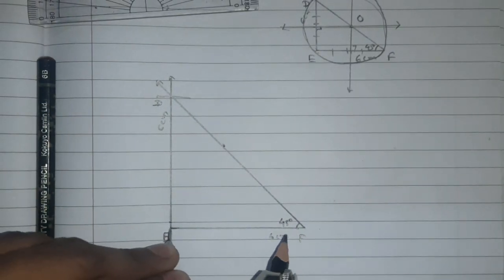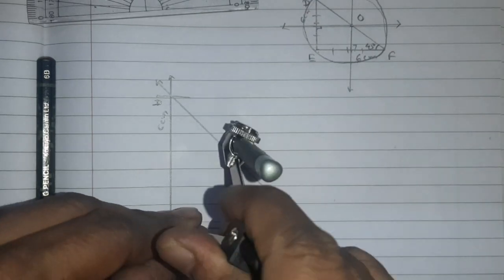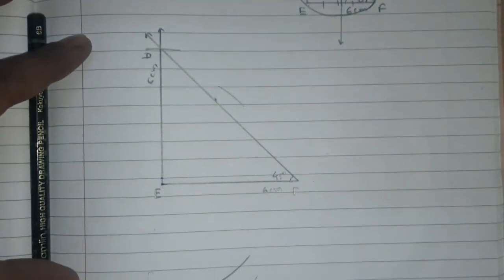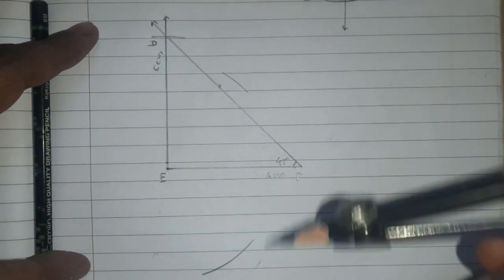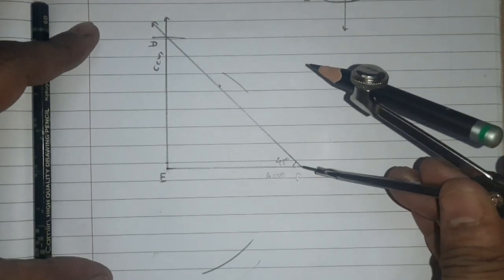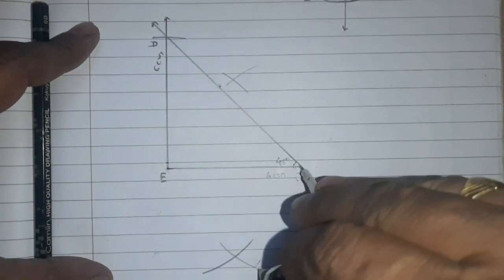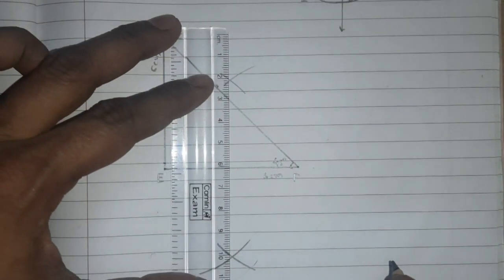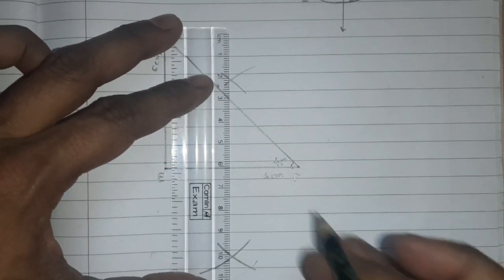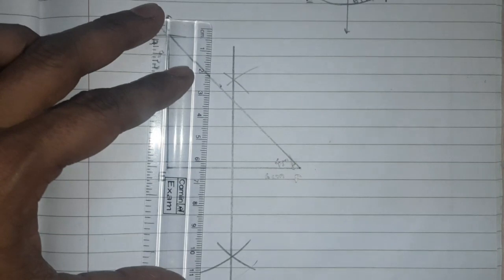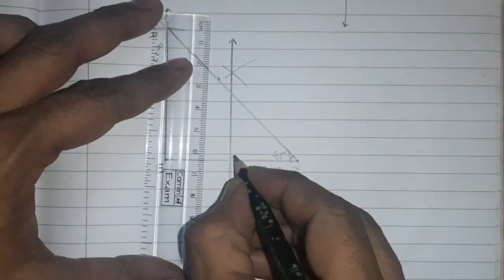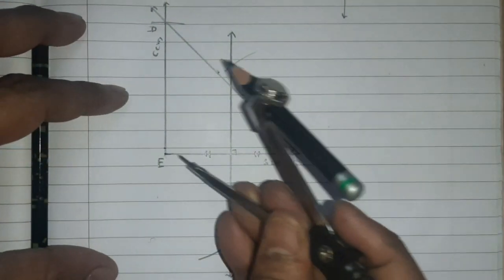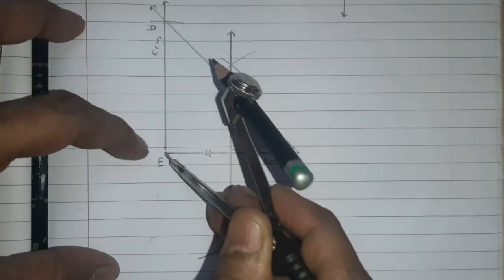Now, put the metal point on E, take a more than half distance and make two arcs like this. Keep the same distance, put the metal point on F and draw the intersecting arc like this. Now we have to draw the perpendicular bisector of DE.